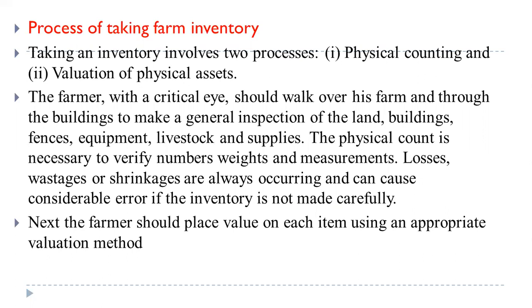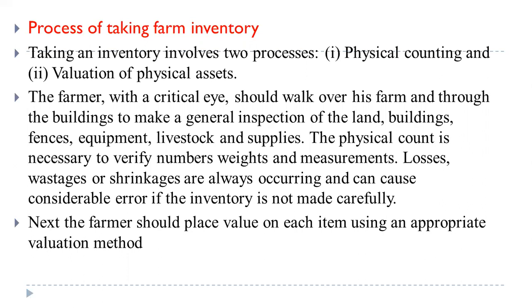Now, the process of taking farm inventory. Taking an inventory involves two processes, physical counting and valuation of physical assets. The farmer, with a critical eye, should walk over his farm and through the buildings to make a general inspection of the land, buildings, fences, equipment, livestock, and supplies.